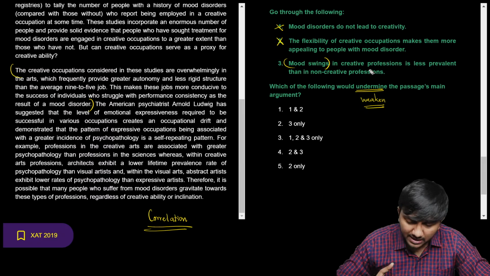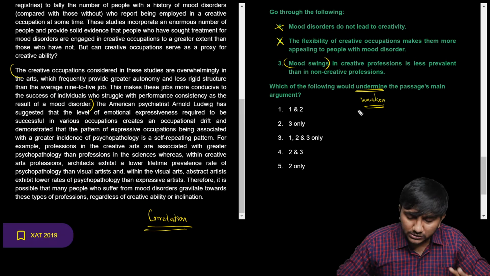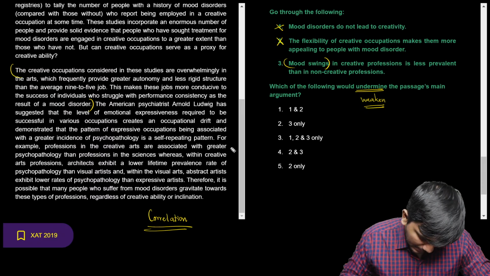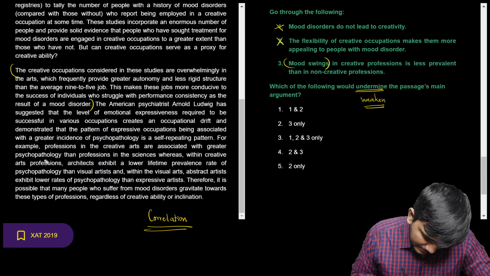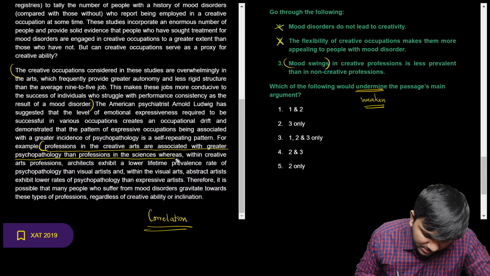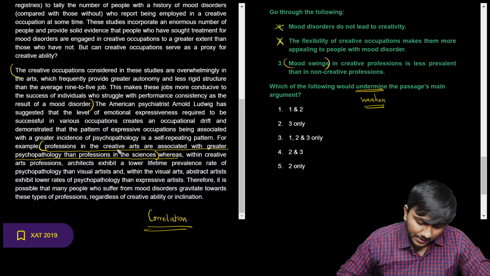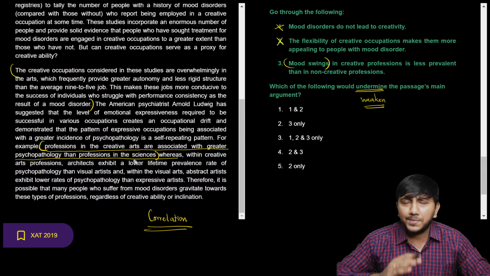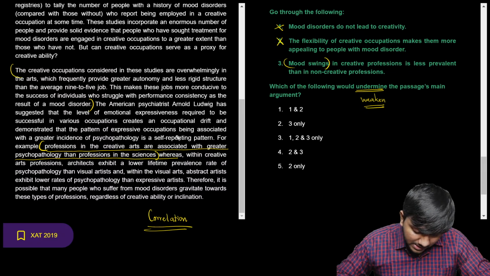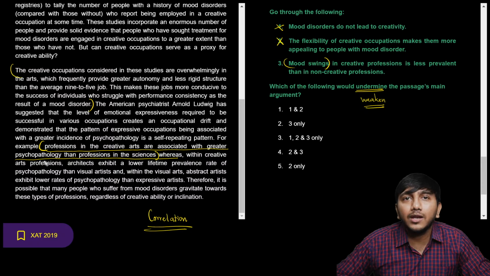Now, if that is the case, then that can undermine, because if you look at this part, let's look at this: professions in the creative arts are associated with greater psychopathology than professions in the sciences. On the basis of that, our author is making a certain argument. And if this says that mood swings in creative professions are less prevalent, but here it is given greater psychopathology, there you will have a problem.